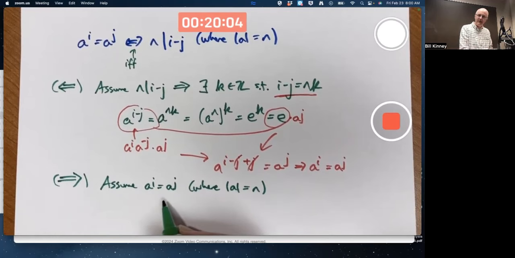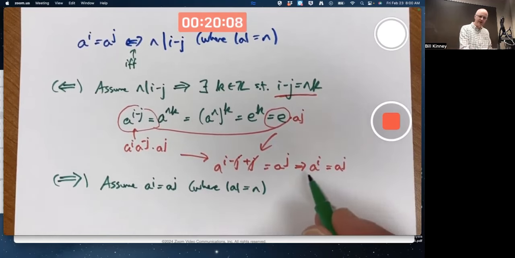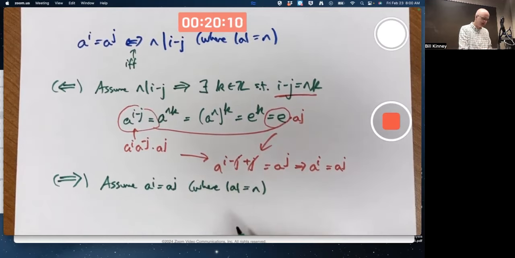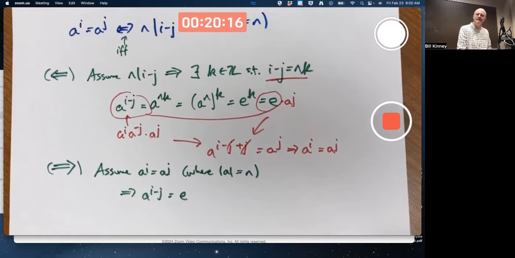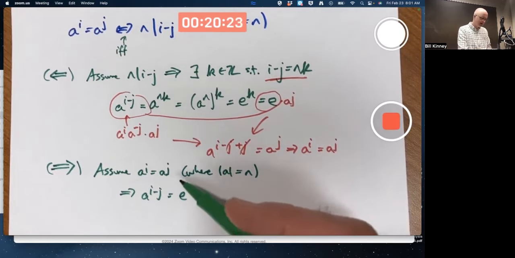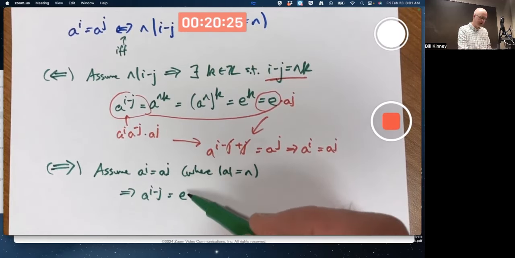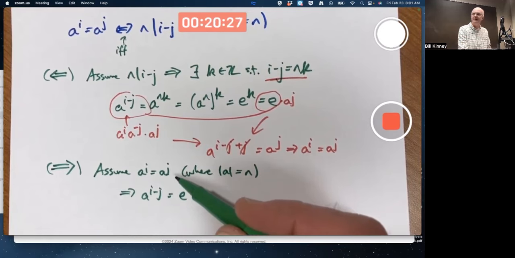The fact that a to the i equals a to the j does mean we could reverse the steps that we just did in the previous part and say a to the i minus j does equal the identity. Maybe that's useful. If I wanted to show a step to get from here to here, I could multiply both sides by a to the negative j and use properties of exponents.